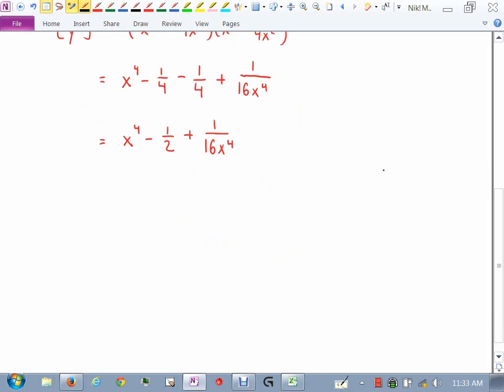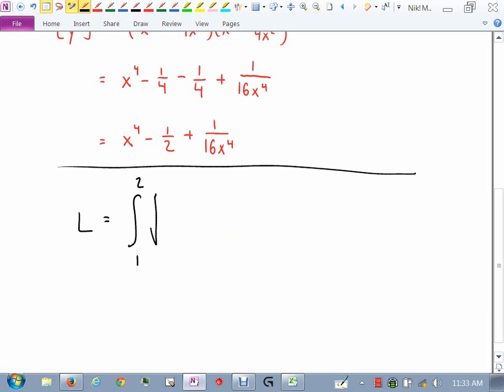Okay, here we go. So the arc length should be the integral. In this problem, we went from 1 to 2. Why? It was given, right? X was between 1 and 2. All right, square root of 1 plus all this. Can I put the 1 minus the 1/2 right now? Is that okay? The 1, I'm going to have a minus 1/2 right here.